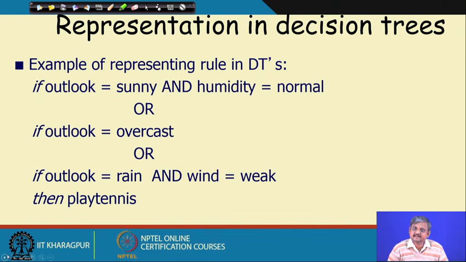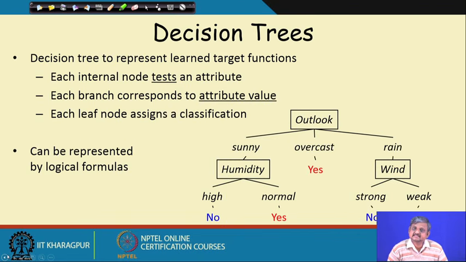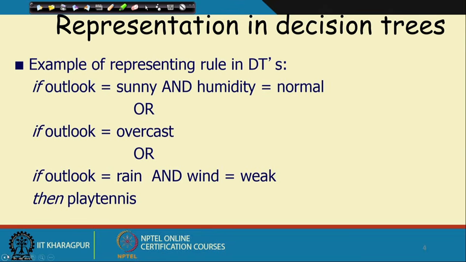Do you see a pattern in this? First thing, you verify whether this if then else matches with this tree's inference. You just check once. You will easily see that this if then else matches it.